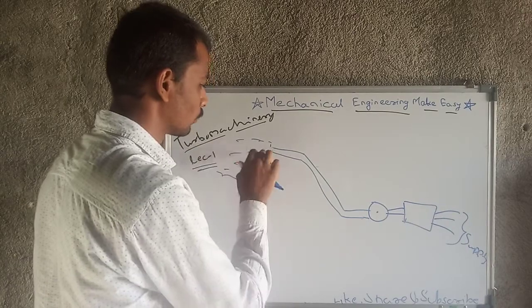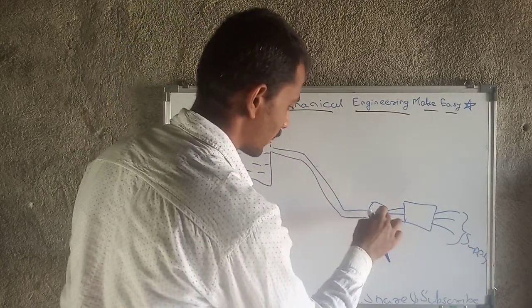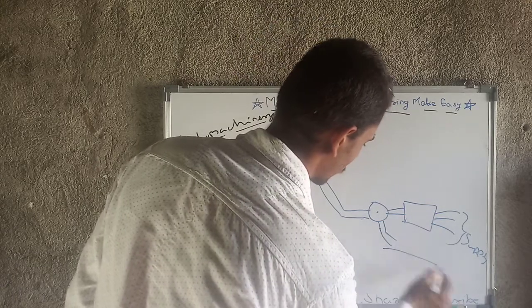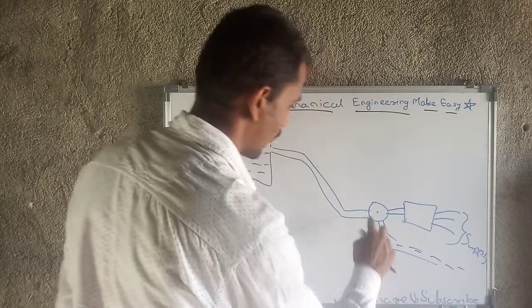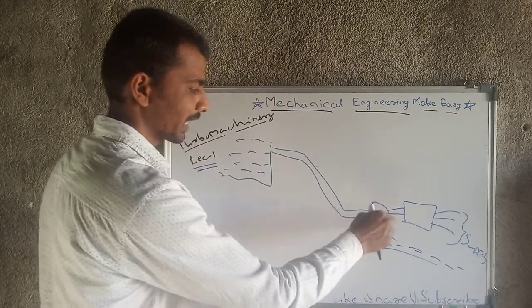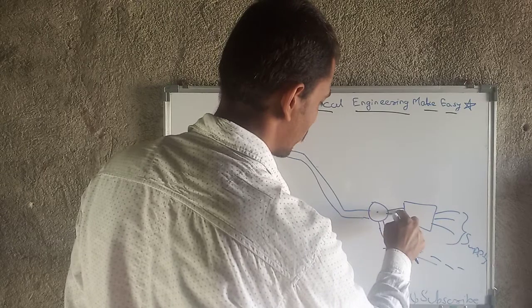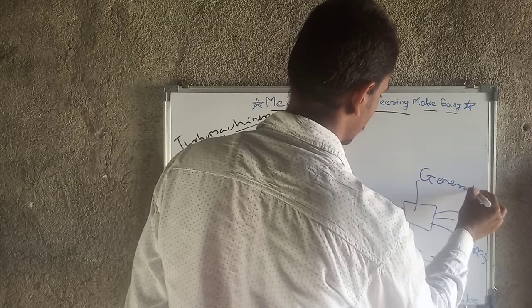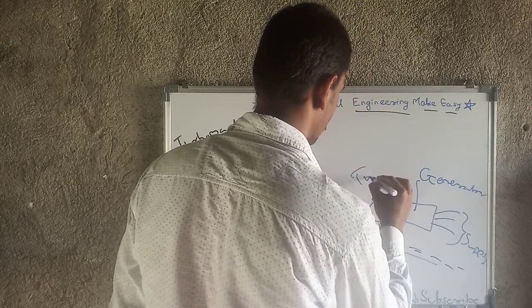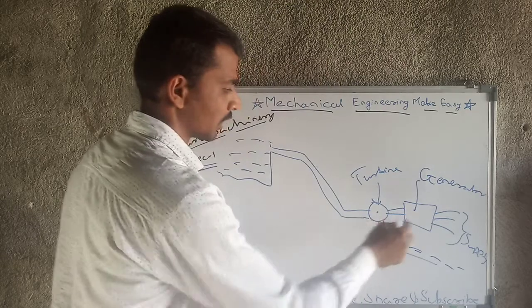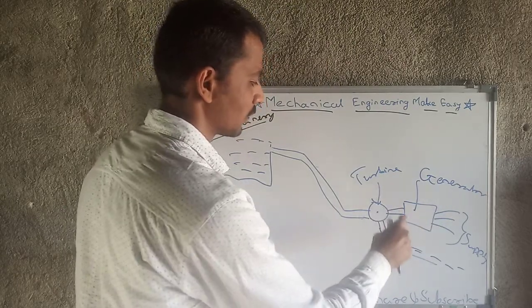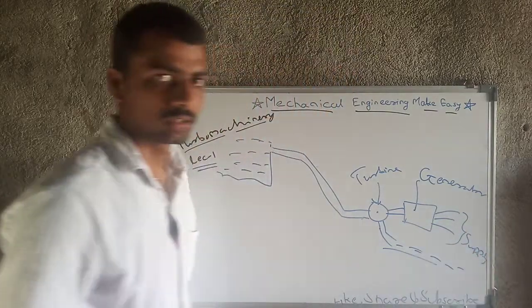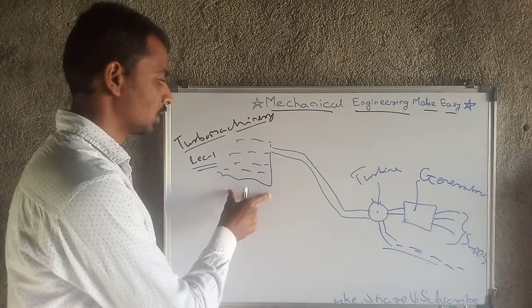The water will flow through this pipeline to the turbine, and after the turbine the water will go to the outlet and flow downward. The power generated is mechanical power, and with the help of the shaft it is given to the generator. This is the generator, this is the turbine. The generator converts that mechanical power into electrical power, so at the outlet of the generator we get electrical power. This is the brief view of a hydroelectric power plant.